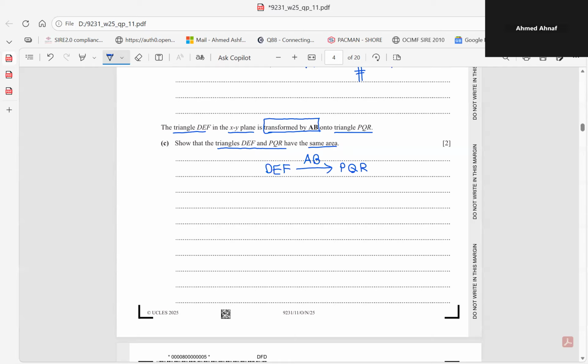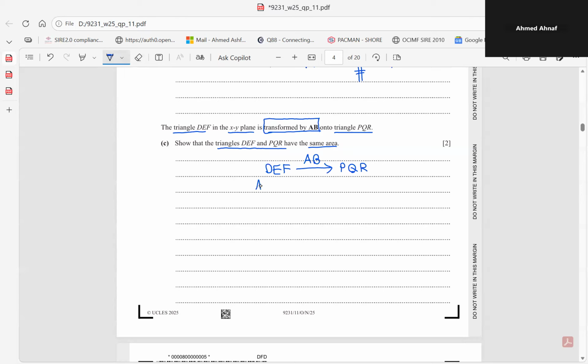The areas of these two triangles can be related by this formula. PQR is the new one, the aftermath, right?